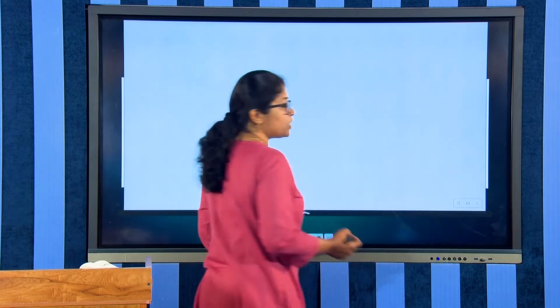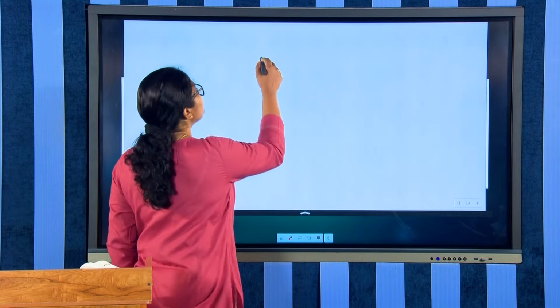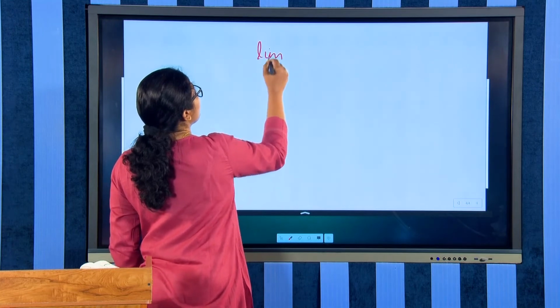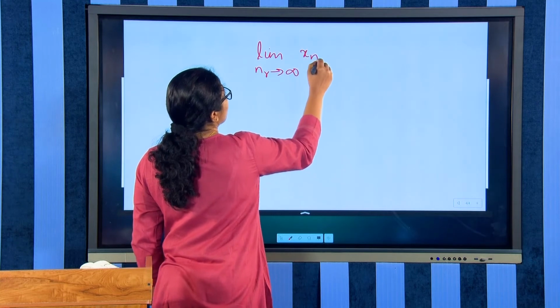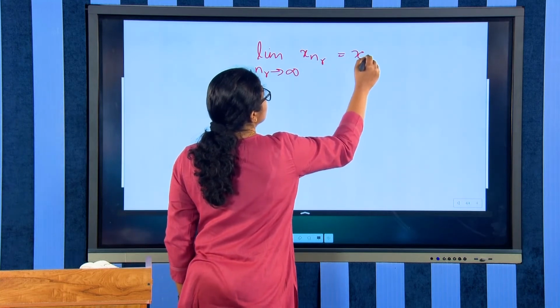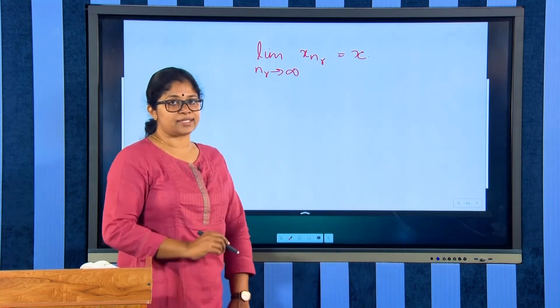Because it is a convergent subsequence, we can say the limit as r tends to infinity of x_{n_r} is equal to some number, say x.